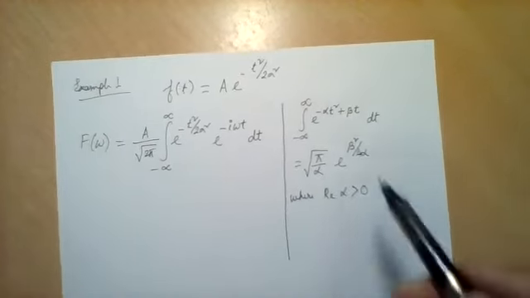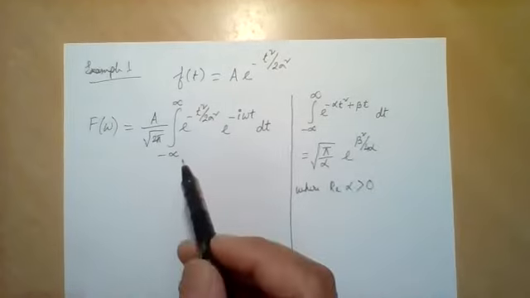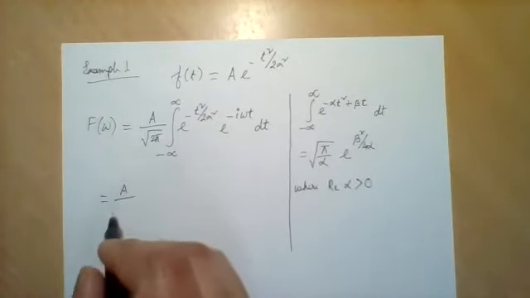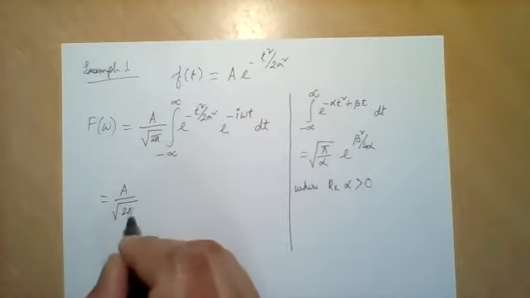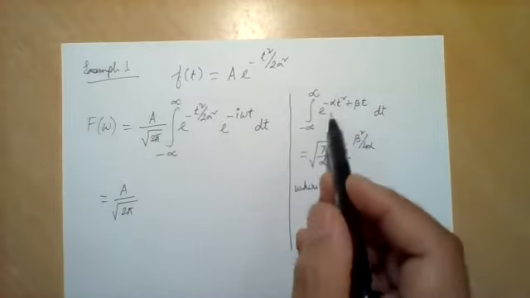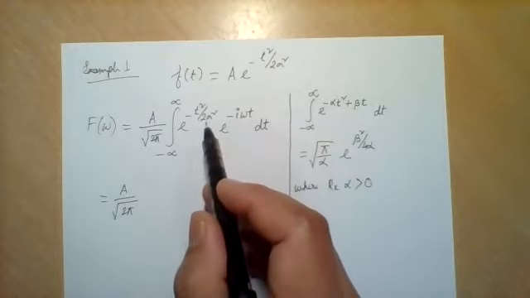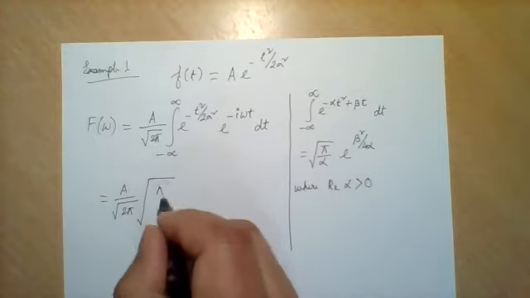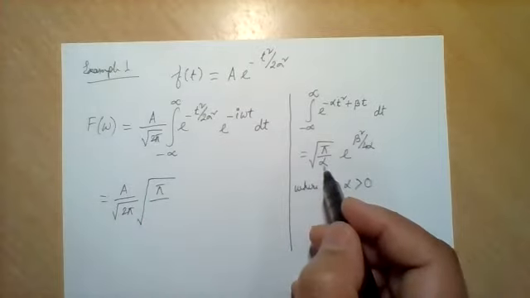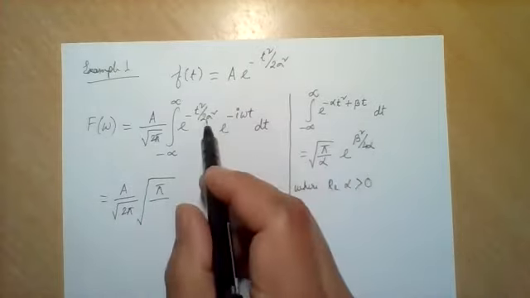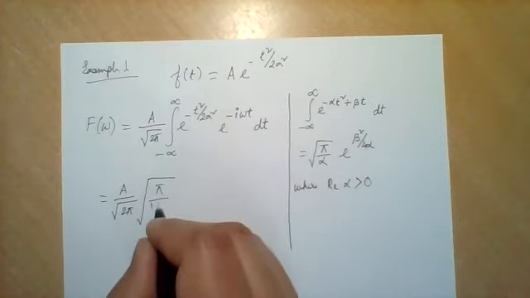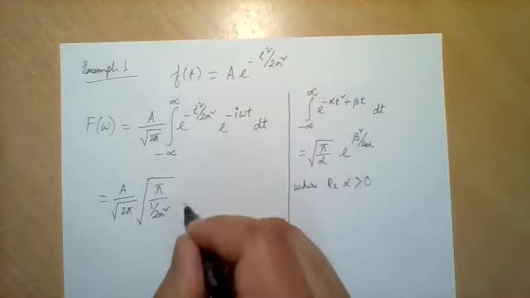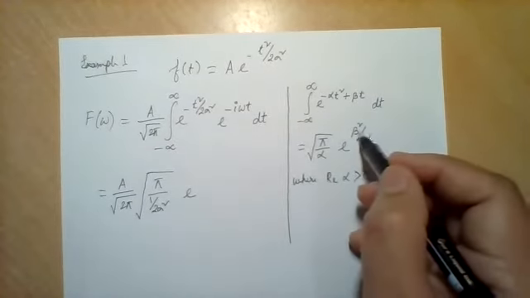Okay, so let us use this formula here, and that will give us a by root over twice pi. And what is alpha here? Alpha here is 1 by twice sigma square. So we have root over pi divided by alpha, and alpha here is 1 by 2 sigma square. And e to the power beta square.